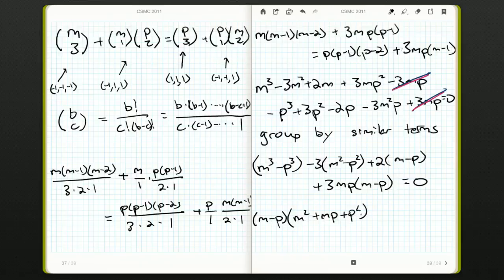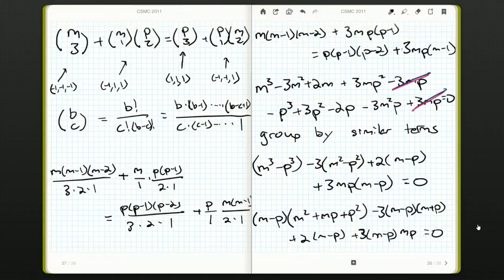And then we're going to have p squared here. Minus 3mp times m plus p, that's just the difference of squares, plus 2 times m minus p plus 3mp times m minus p equals 0. Okay, so now that we've noticed we have that m minus p there, it's in every term, so we can completely take it out.